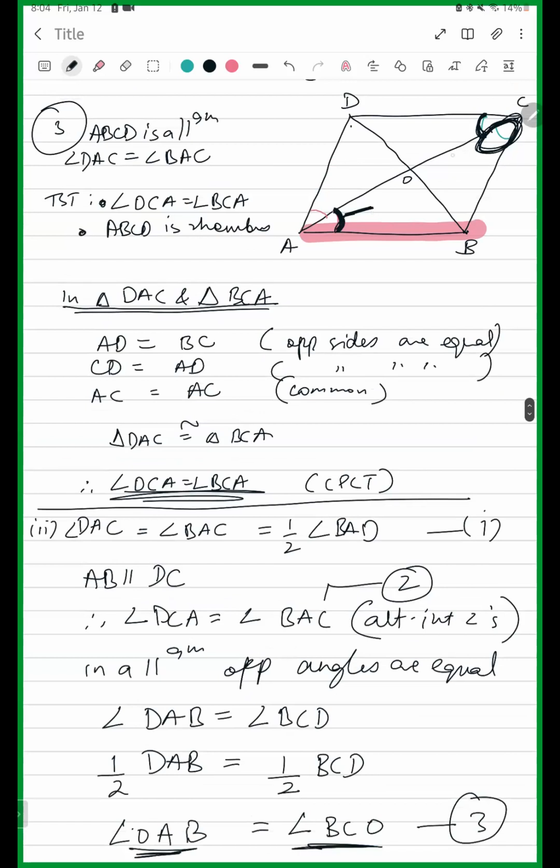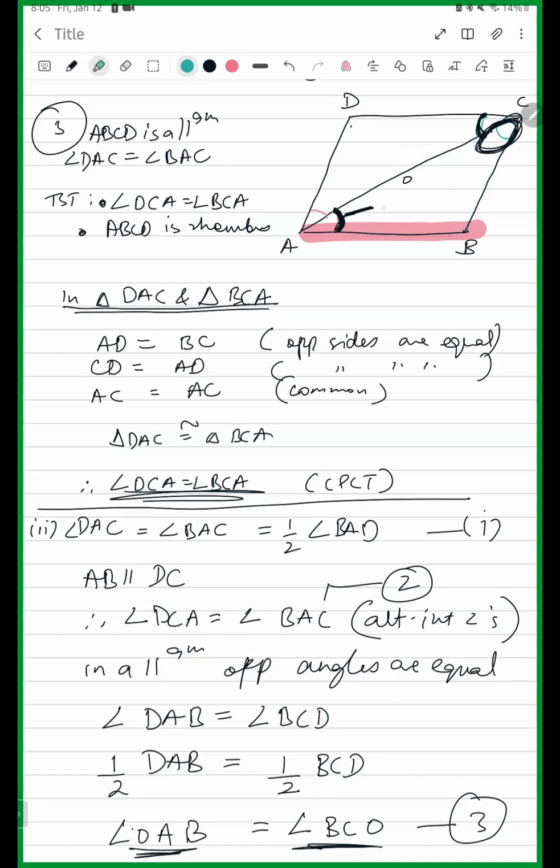Now we will take these two triangles. Yeah, these two angles are equal. If you want, you can remove this.